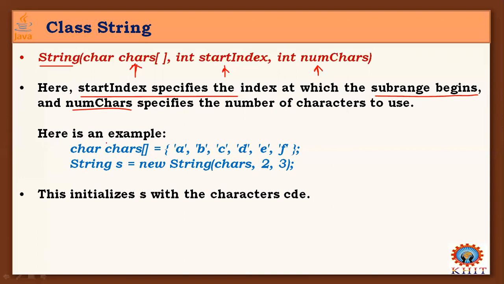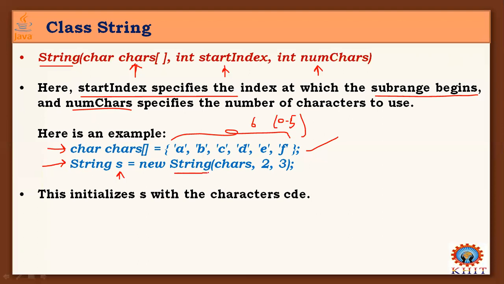Here is an example. I have defined one character array with these values. As I told you in the previous one, ABC; here now it is A, B, C, D, E, F, total 6. The size of this array is 6 elements, and the index range is 0 to 5. And I'm creating a string object s with this constructor type.